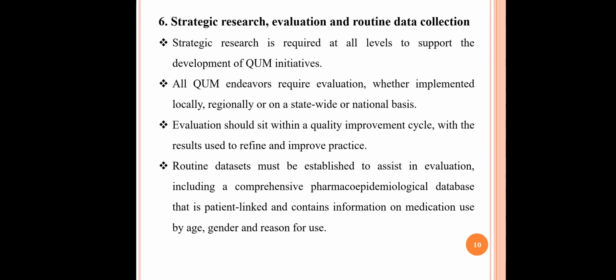Evaluation should sit within a quality improvement cycle with the results used to refine and improve practice. Routine data sets must be established to assist in evaluations, including comprehensive pharmacoepidemiological databases and patient-linked data containing information on medication use by age, gender, and reasons for use.